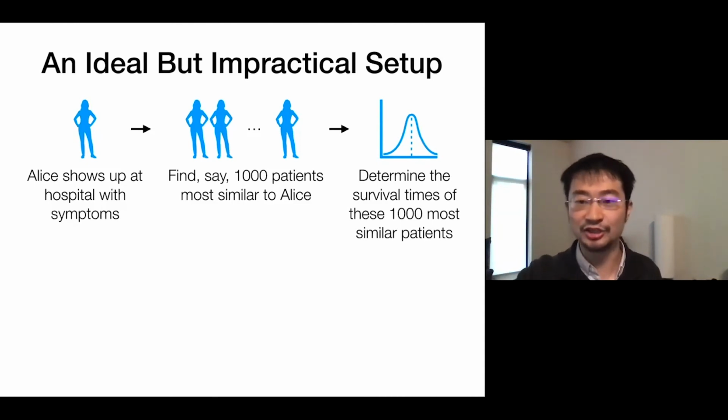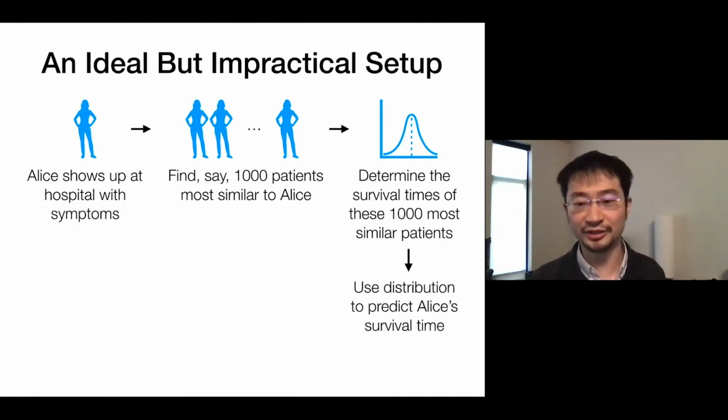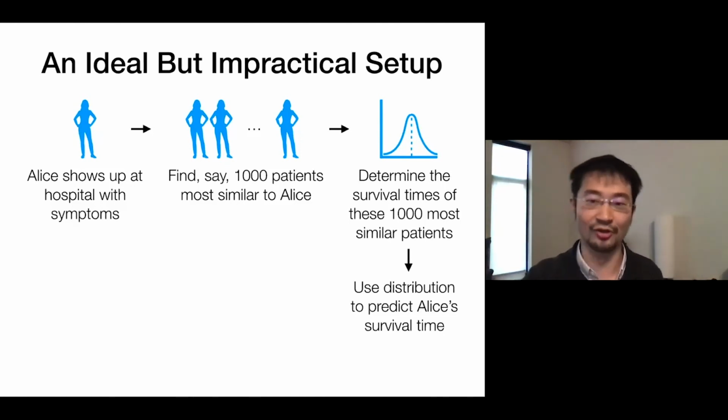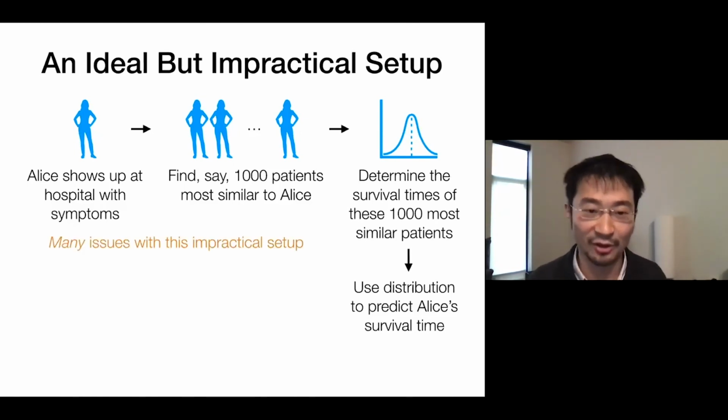So I get a distribution of survival times. And then I use this distribution to predict Alice's survival time. For example, I can take the mode of the distribution, or maybe I just output the whole distribution. So this is an idealized setup.